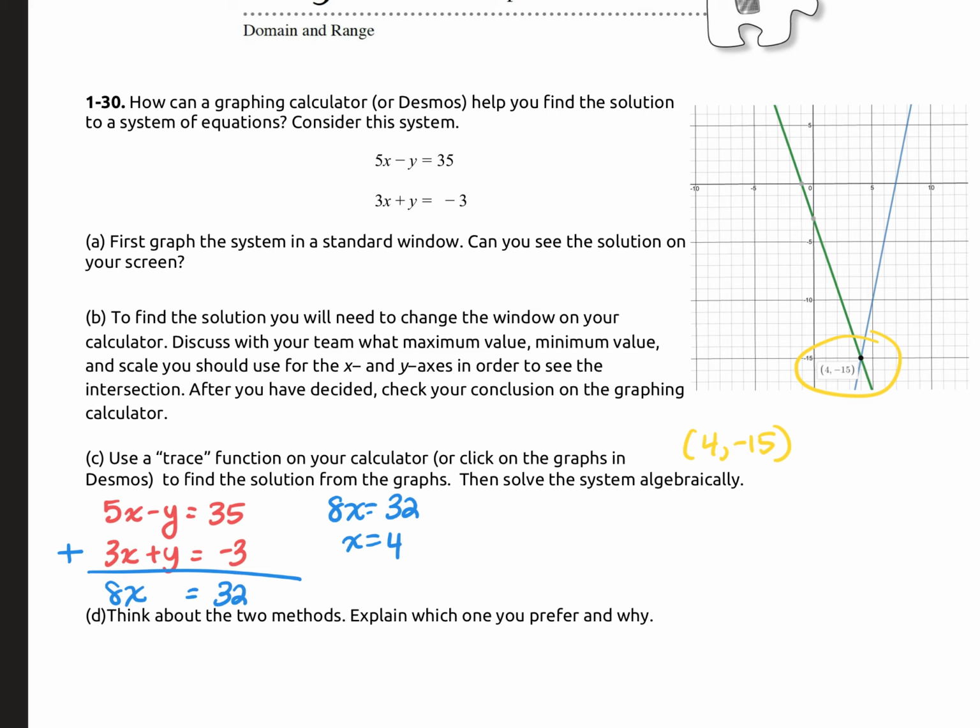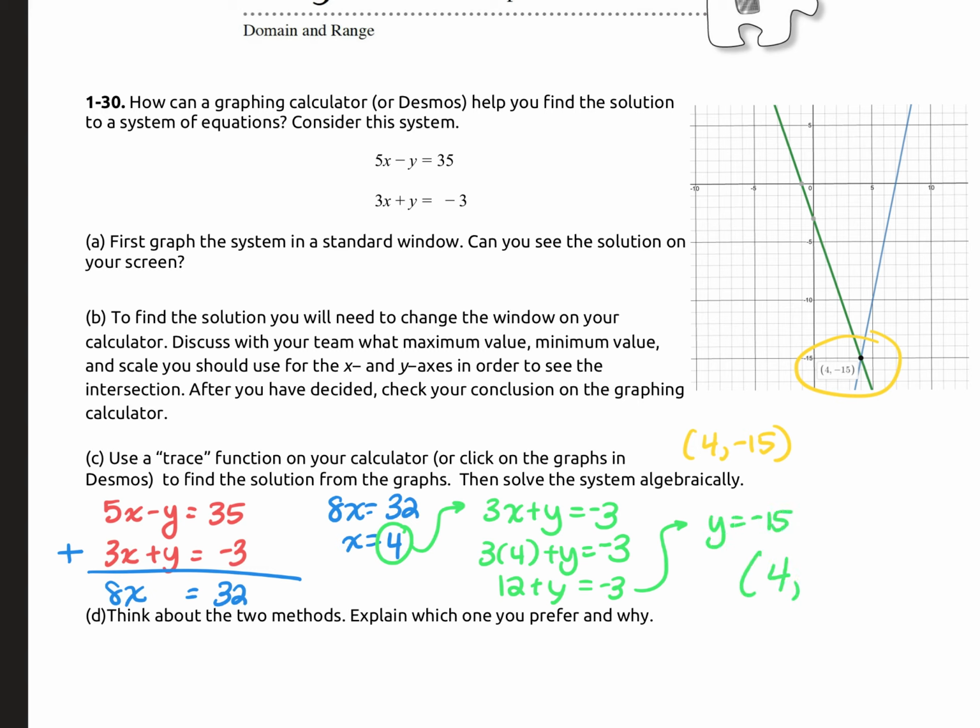So I'm going to plug it into, let's say, 3x plus y equals negative 3. So I'll have 3 times 4, which is 12. And then I subtract 12 from both sides, and I get y equals negative 15. And then I see that I get the same solution, (4, -15).